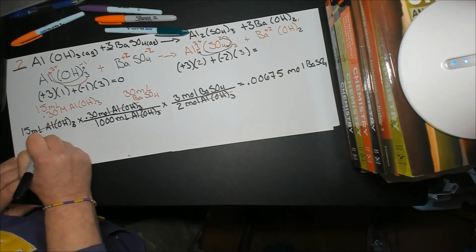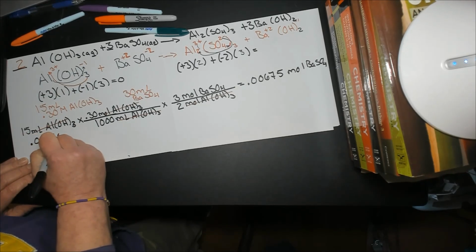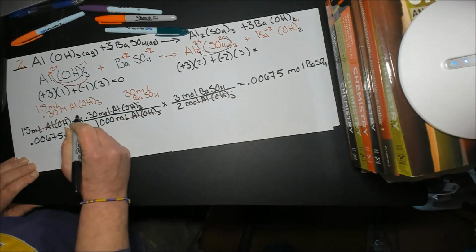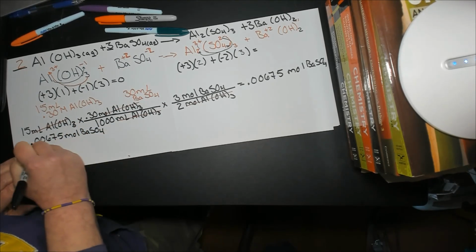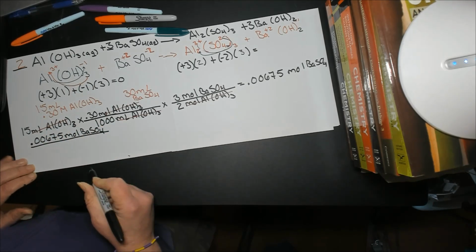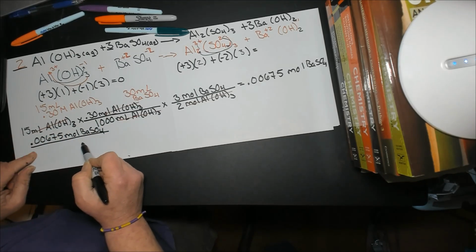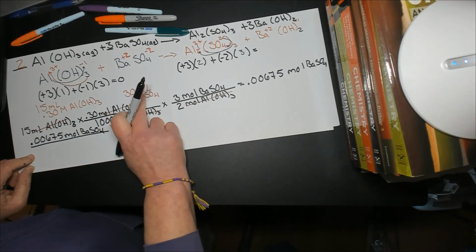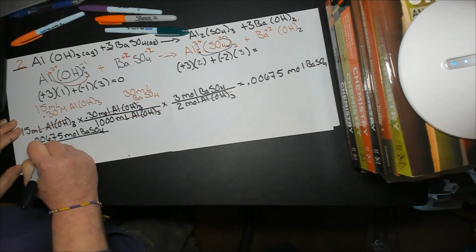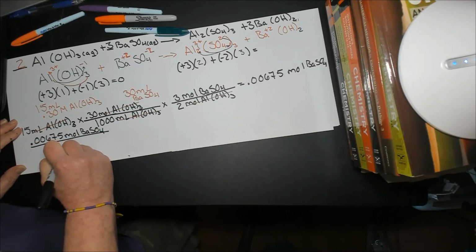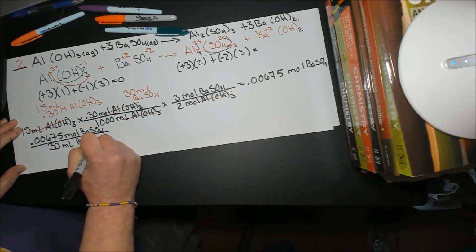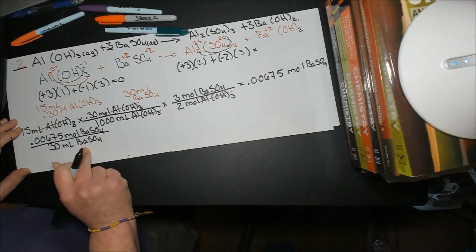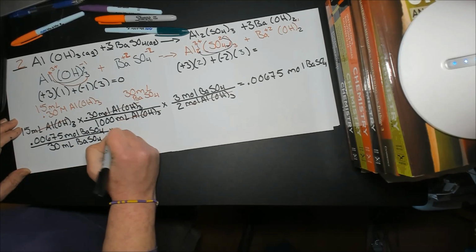So 0.00675 moles of BaSO4. And those moles were in, and in is going to go on the bottom, 30 milliliters of BaSO4. I might be tempted to feel like I'm done, but I'm not, because molarity is in terms of liters. So I need to finish that.